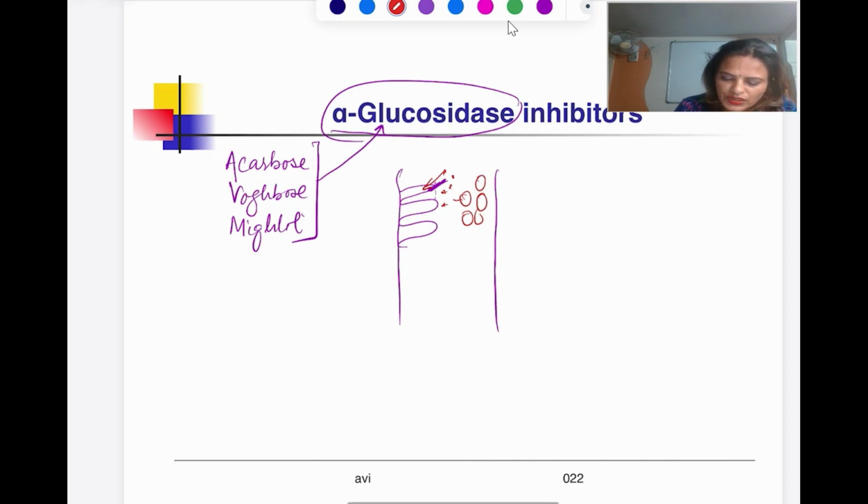If you inhibit this by giving the inhibitor, then what will happen? The absorption is inhibited. Okay?